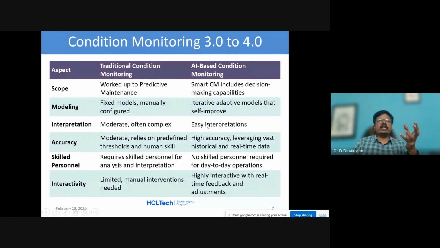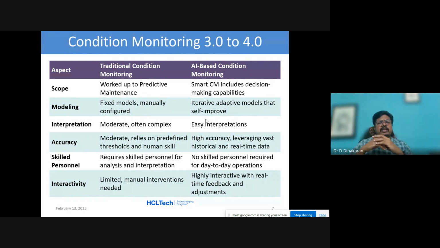In traditional monitoring that uses sensors, the same data is available to us. But who will interpret that? Who will see that data? The person who is an expert in handling those sensor data will see and conclude. But that part is taken care of by the AI, and it will directly give you the result: this is the problem and you solve this. So that's what we call easy interpretation by the AI models.